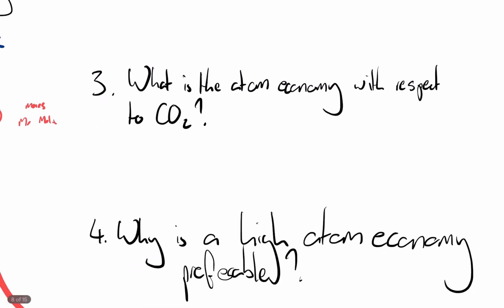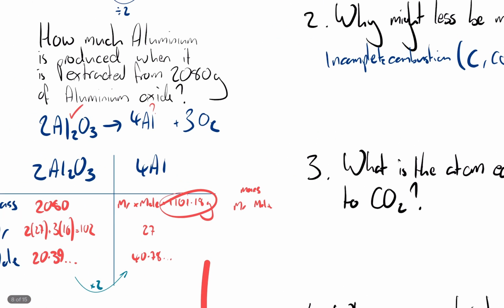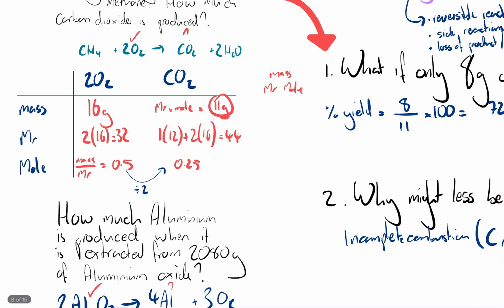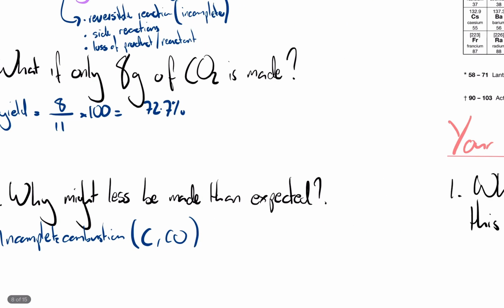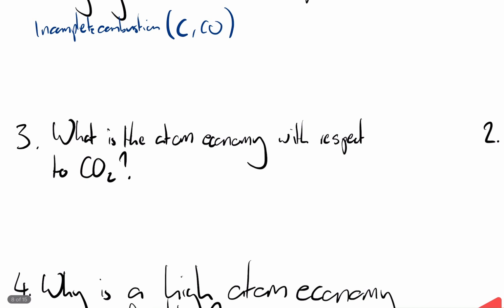So atom economy with respect to CO2, again looking at that same equation. So here, let's grab this equation. And again, we're looking at our products, right? So now let's just work out the MR of both of those things.